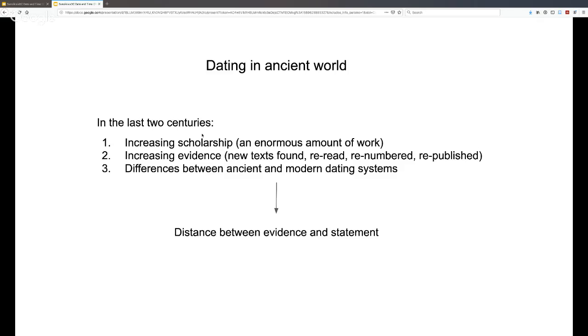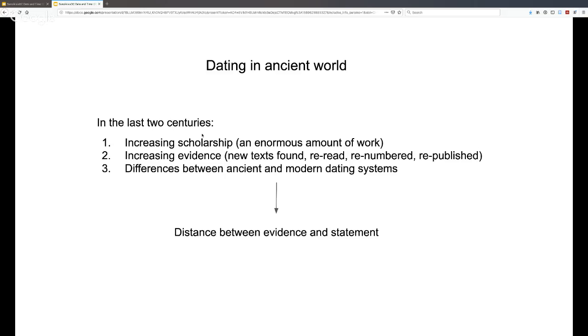So these are 2 important aspects. And the third aspect, of course, which is fundamental, is that we have to combine basically 2 different dating systems, because we have important differences between ancient and modern dating systems. In order to understand ancient dating systems, we have to convert them into modern dating systems.